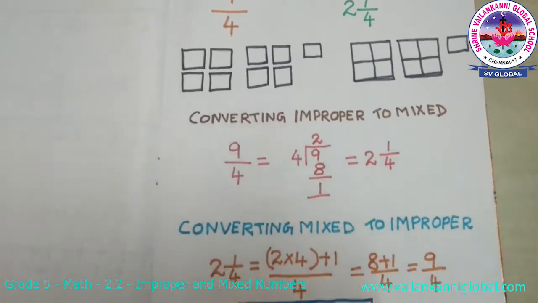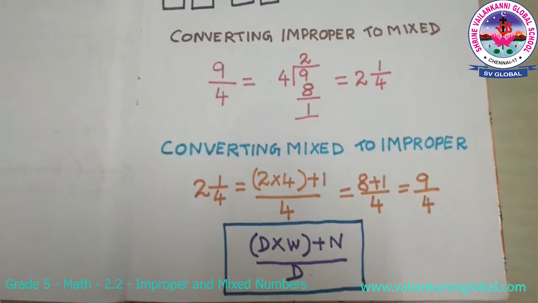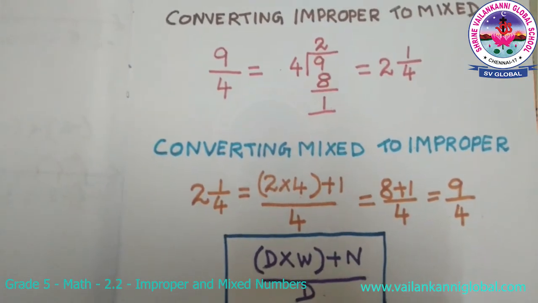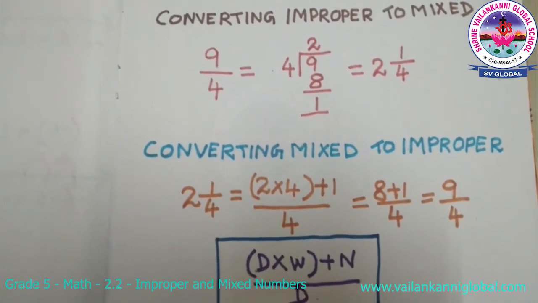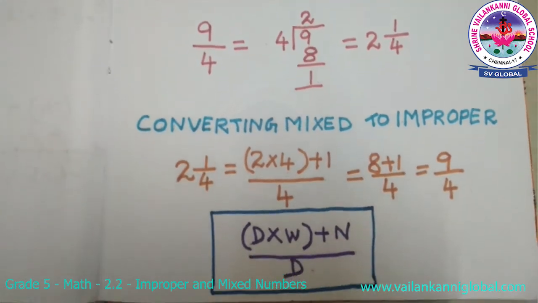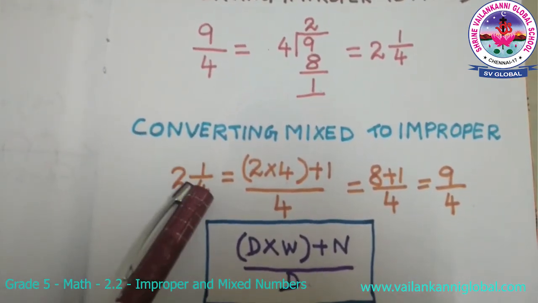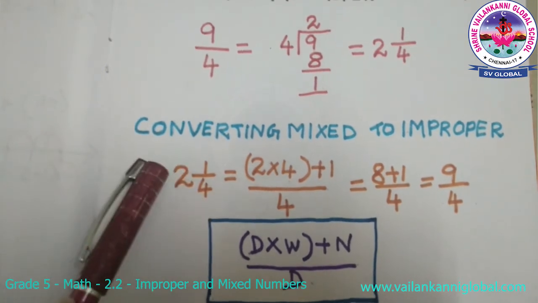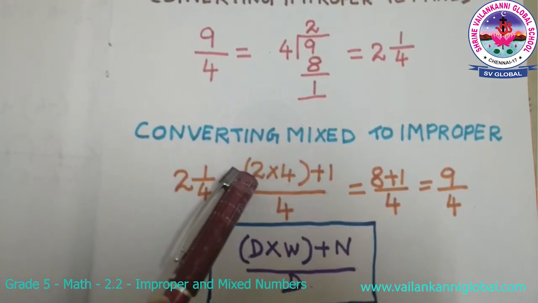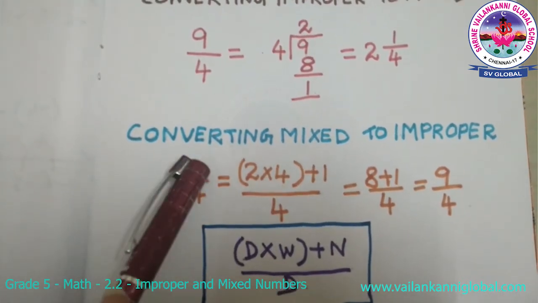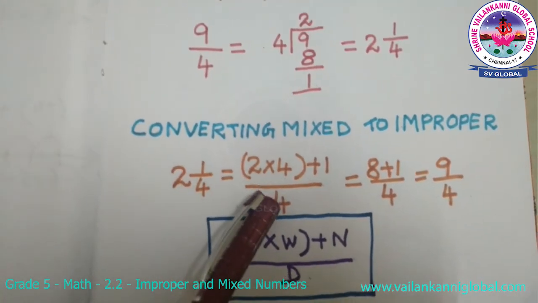Then how to convert mixed to improper fraction? For that, you have to multiply the denominator by the whole. That is 2 into 4, plus 1, over the denominator.